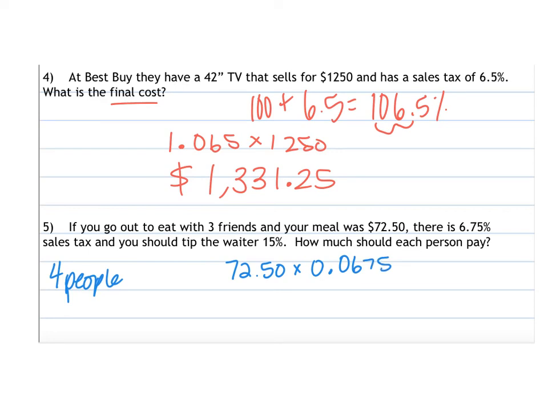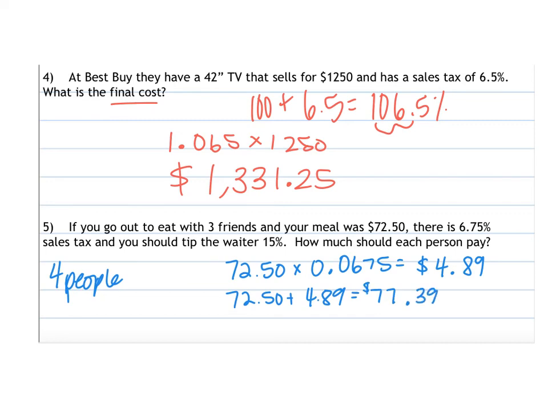So I'm going to take the $72.50, and multiply that by the amount of sales tax. And tax is going to be $4.89. Add that onto the bill. $72.50 plus $4.89, $77.39.